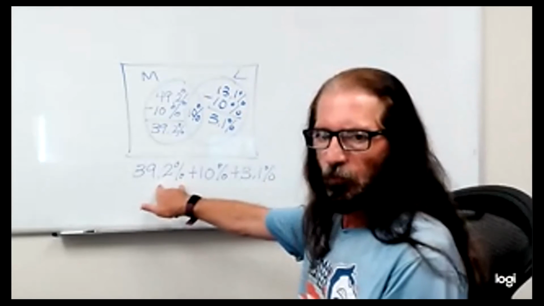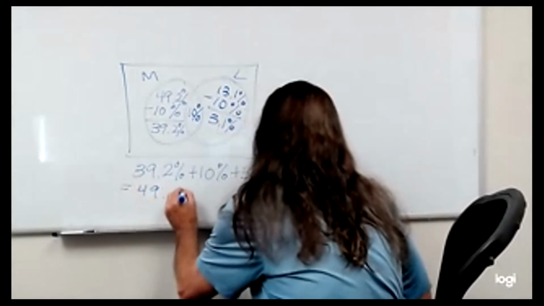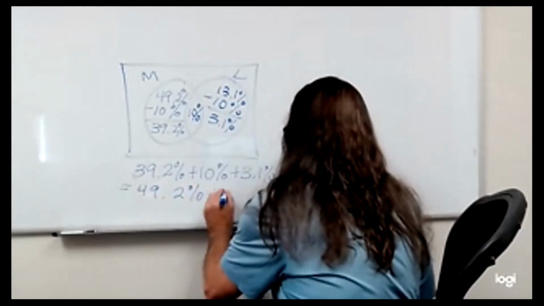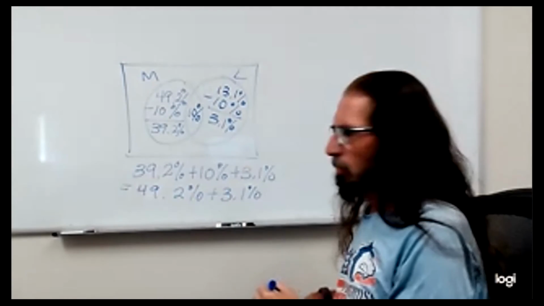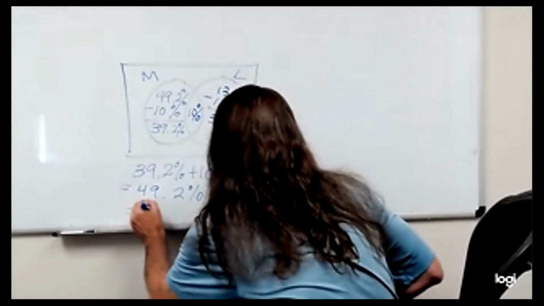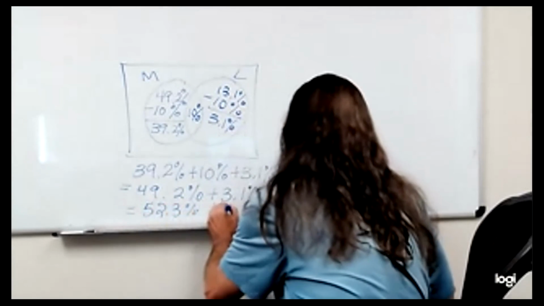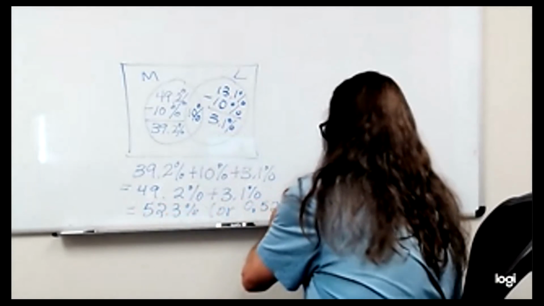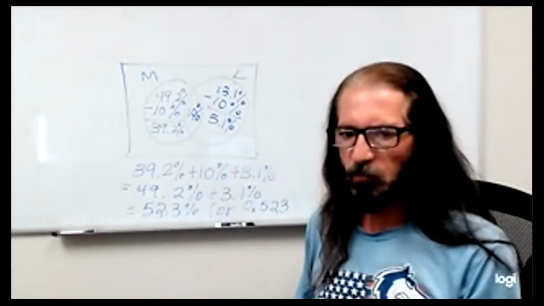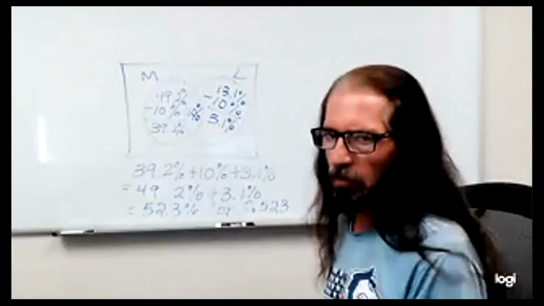That's going to give us 49.2%. Add on the 3.1%, and now we've got 52.3%, or if they want that as a decimal, 0.523. That could have also been used in part C.